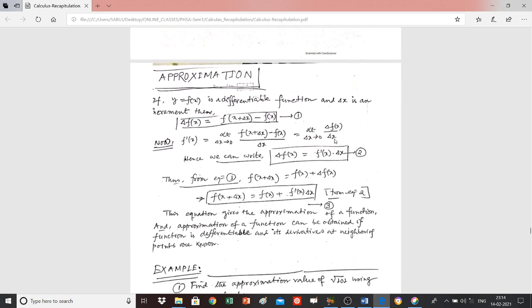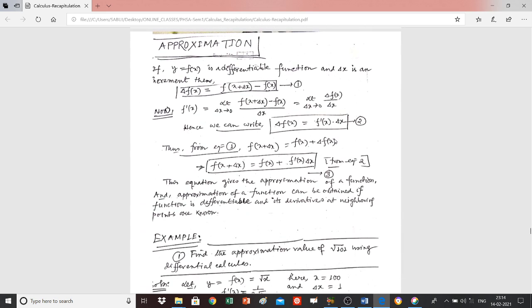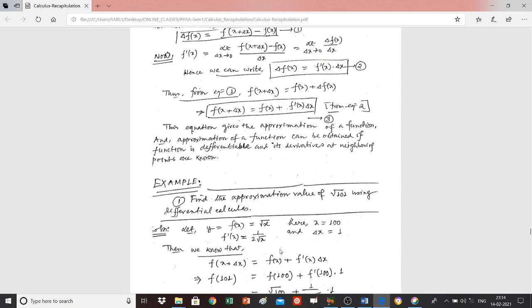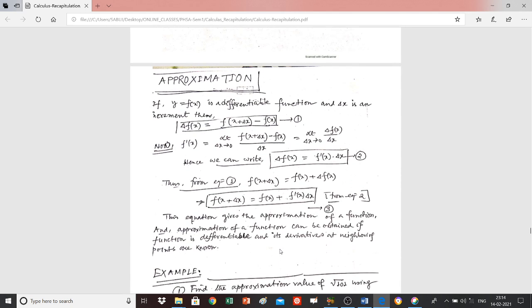Now come to another important topic, that is approximation. This approximation method is a very useful, very powerful tool to approximate the value of a function. The beauty of this approximation method will be reflected in some examples that are shown here. So first we need to have the knowledge of approximation.